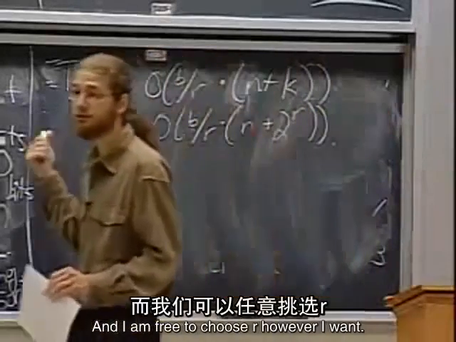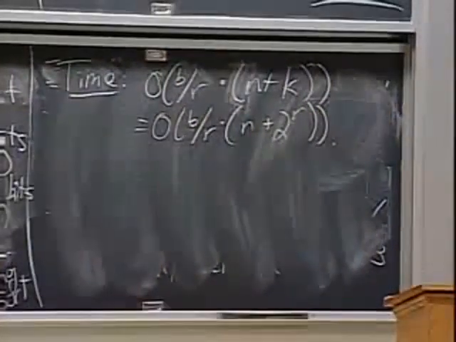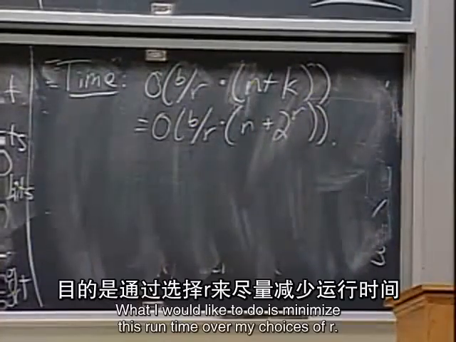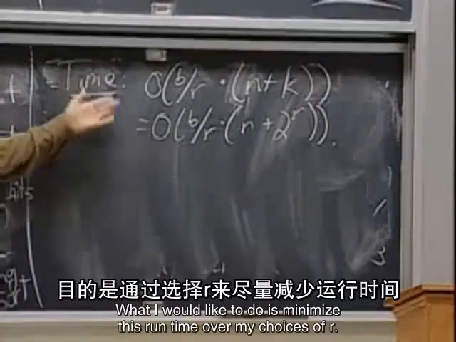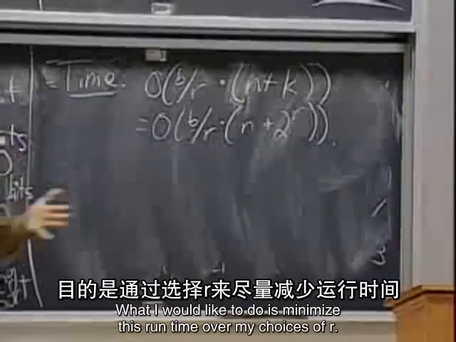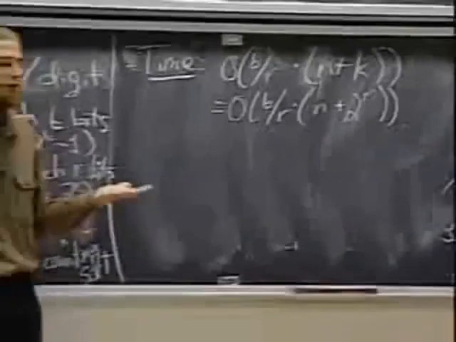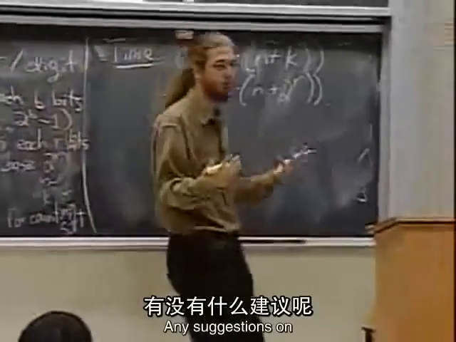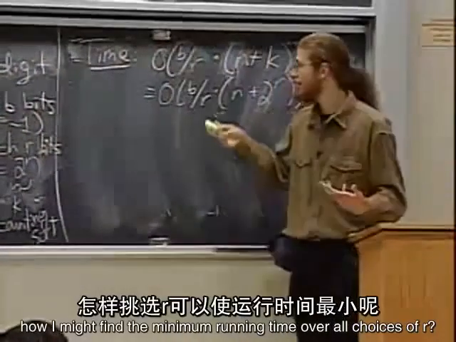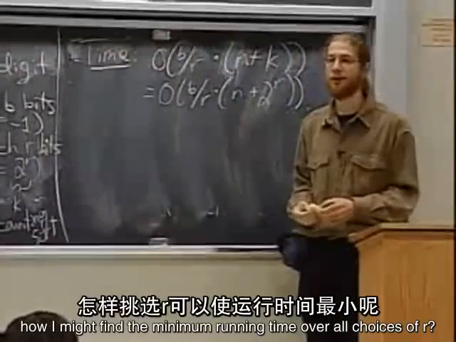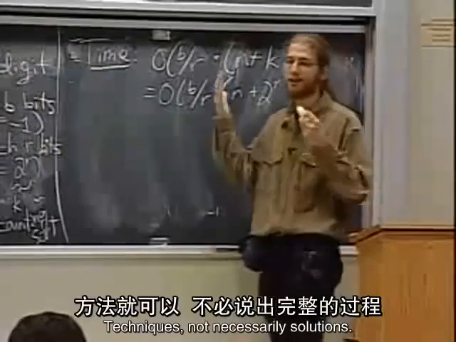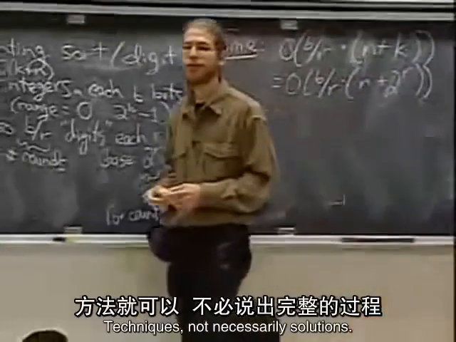Okay, and I am free to choose r however I want. So what I'd like to do is minimize this runtime over my choices of r. So any suggestions on how I might find the minimum running time over all choices of r? Techniques, not necessarily solutions.